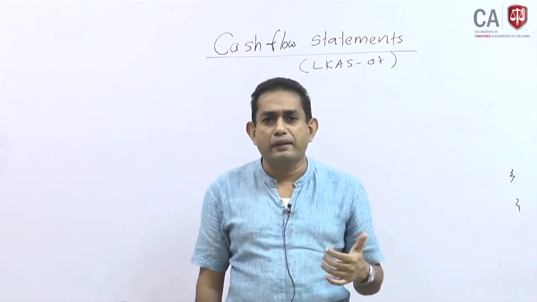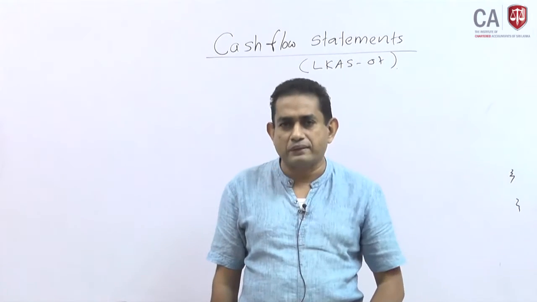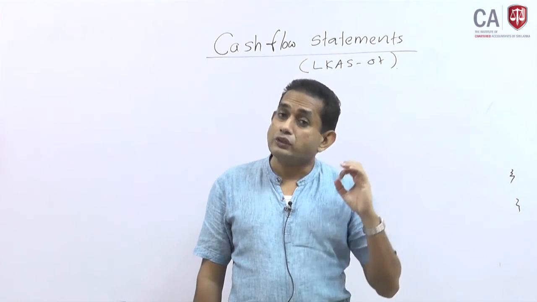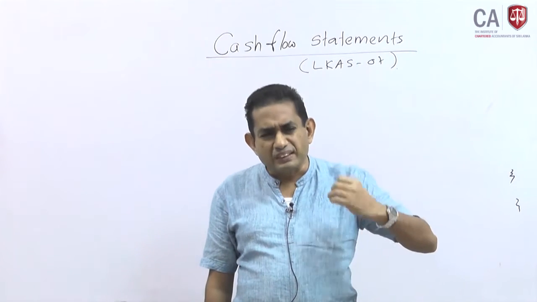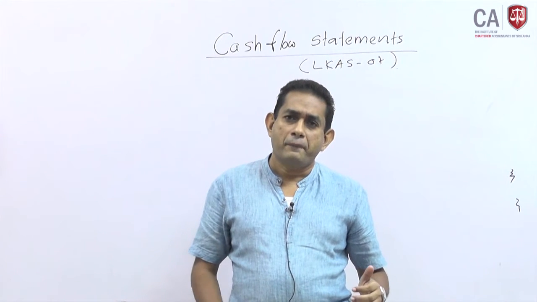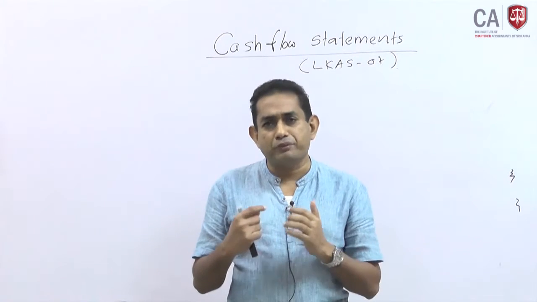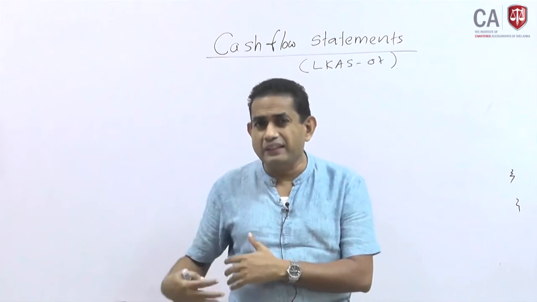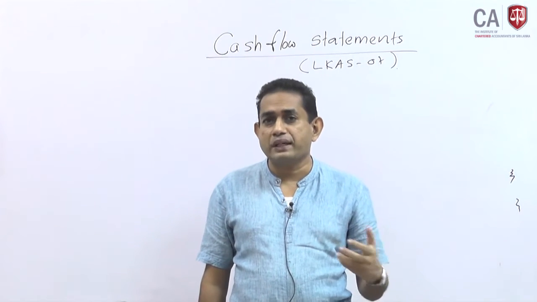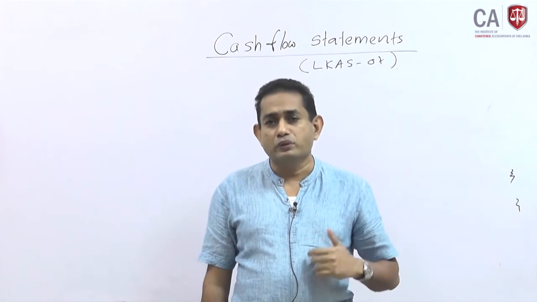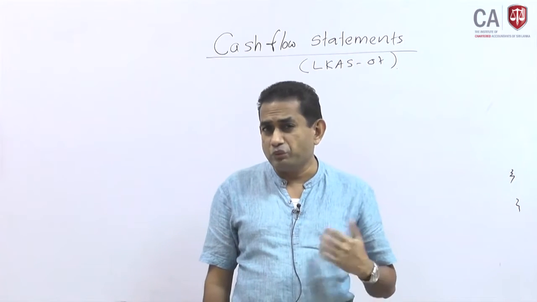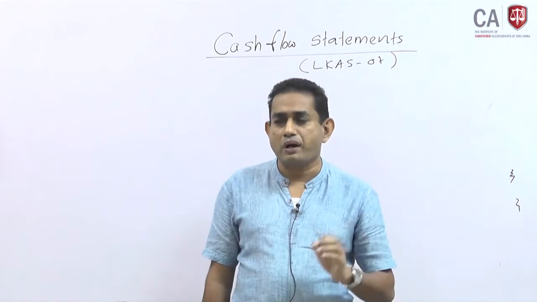So, you need to understand that this cash flow statement is nothing but the cash book itself, it is just that this cash flow statement is more concise than the cash book, and the figures and the information in the cash flow statement are more logically arranged than the arrangement of transactions in a cash book. It is more analytical. The information in the cash flow statements will be more analytical than the arrangement of transactions in the cash books.